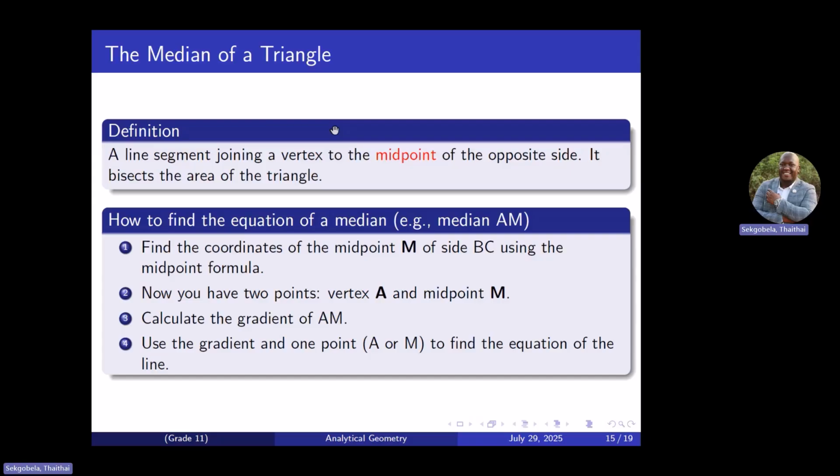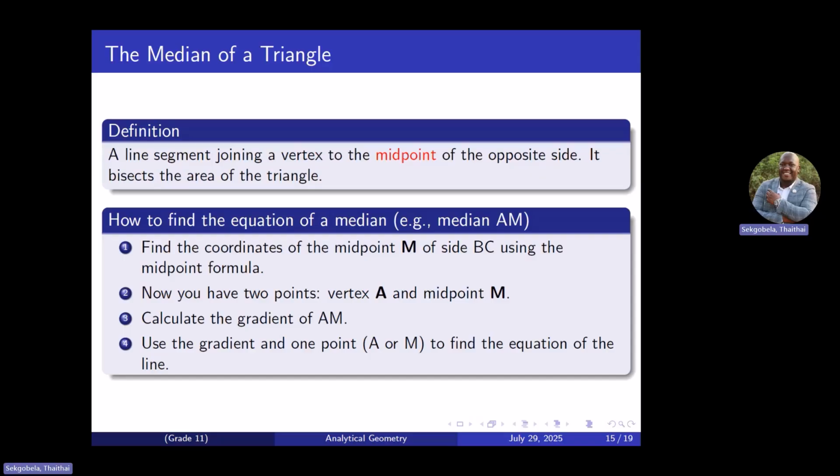The first, for the median of a triangle, they want us to find a line segment. The definition of that is a line segment joining a vertex to the midpoint of the opposite side. It bisects the area of the triangle. What does this mean?